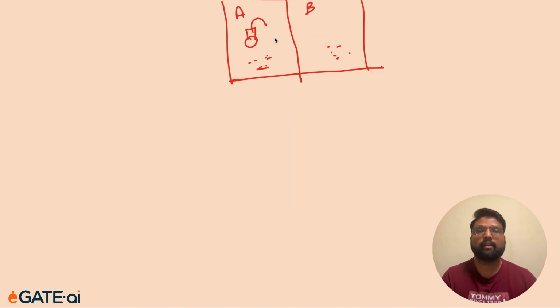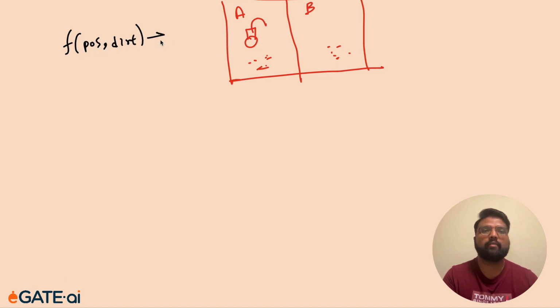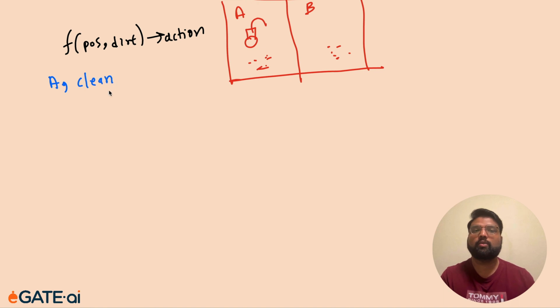If we try to write a mapping function for this agent, it would be a function of position and dirt, and it will map to some action. Based on this function, if we write the mapping table: if the position is A and there is no dirt in this block, the action would be to move to the right block.